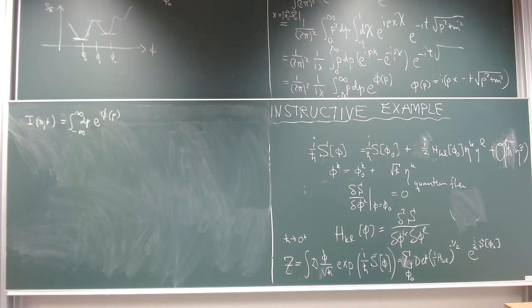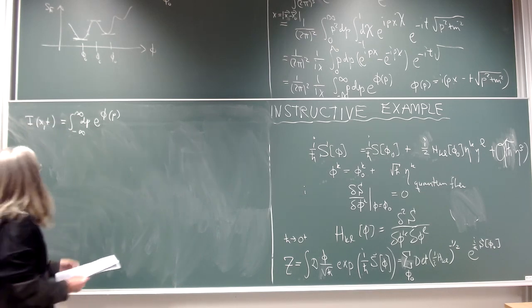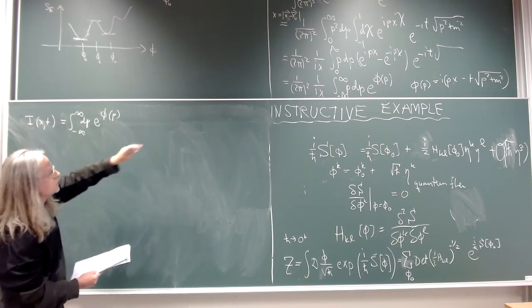And maybe I should start. Yeah, so the first thing we have to do is find the stationary points. Right, so phi is this one.